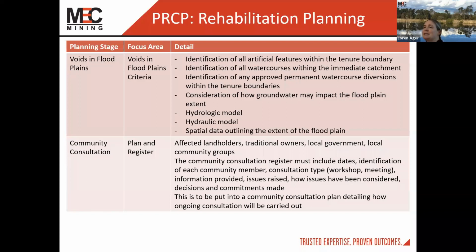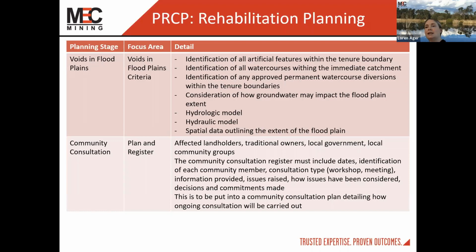So the PRCP must contain a floodplain model report developed by an appropriately qualified person. So it can't just be an assumption that you've done a contour map to say this is where your 1 in 100-year plan sits, and that's significant and sufficient enough to sign off. No, a qualified person has to do this.